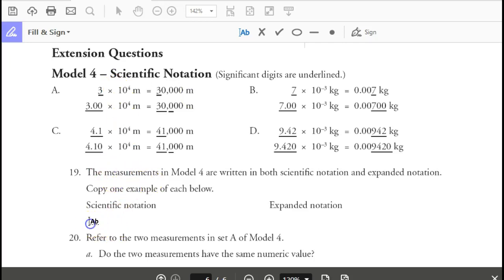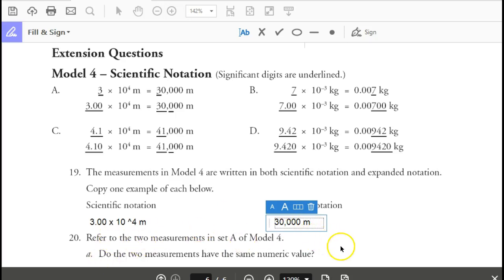In scientific notation, this was written as 3.00 times 10 to the 4th meters. And in expanded notation, it's 30,000 meters.